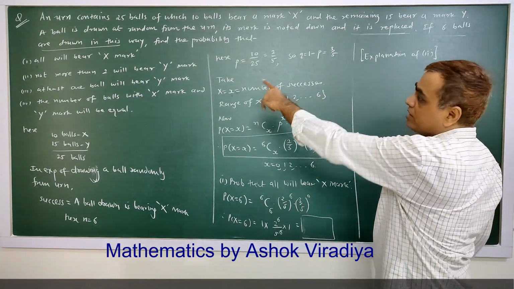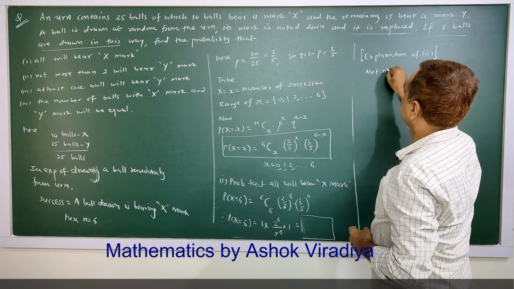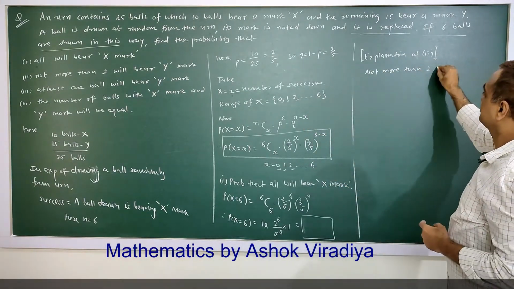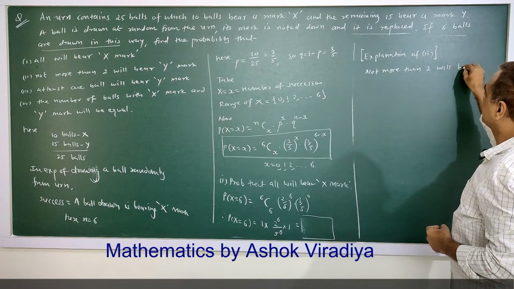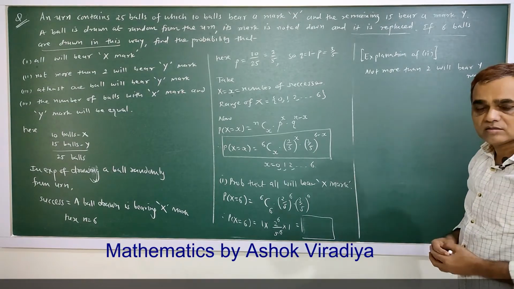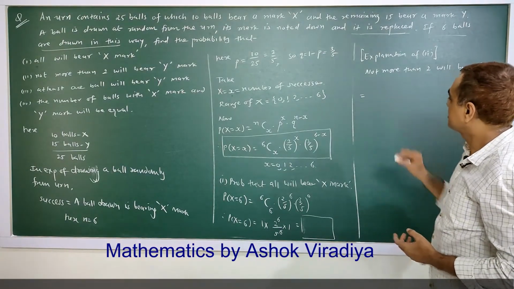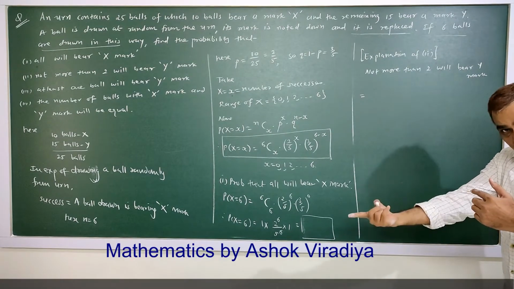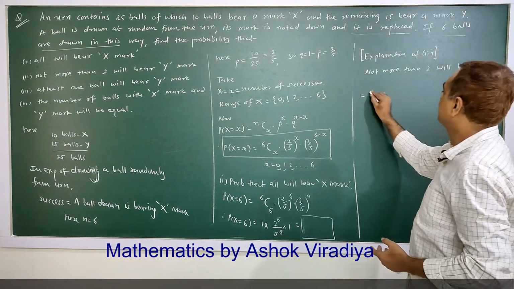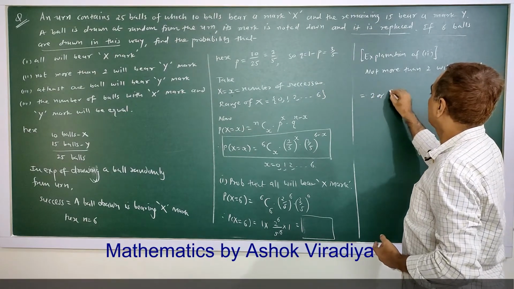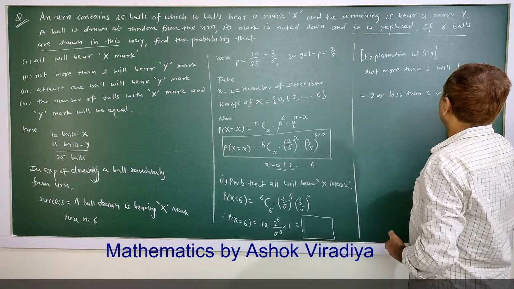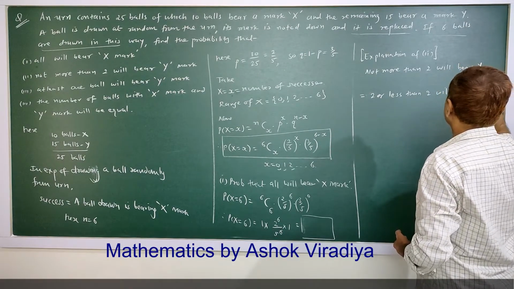Not more than 2 will bear Y mark. That means 2 or less than 2 will bear Y mark.